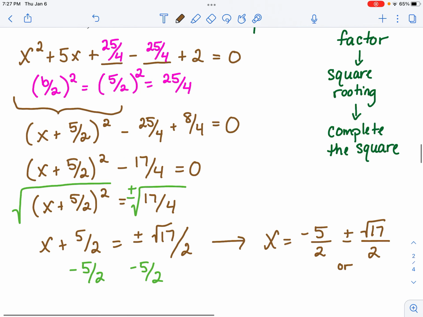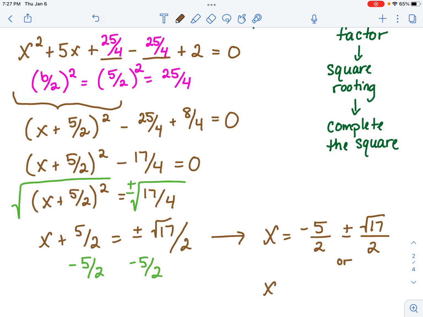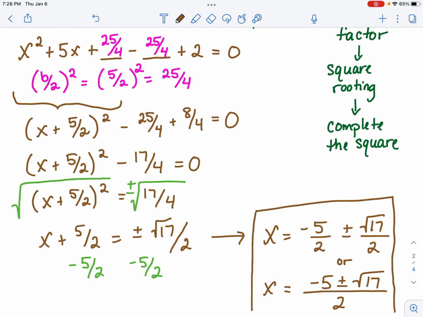Or, if you prefer, you can, in fact, since it has a common denominator, put it all over 2 and write negative 5 plus or minus the square root of 17. That's actually the better way to write it, but at this stage, I'm happy with either one. But on my homework answer key, you're going to see the bottom answer, not the top answer.